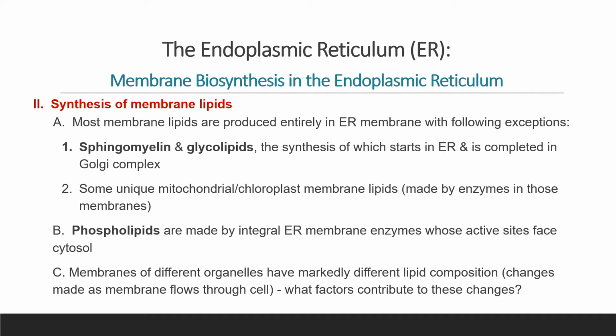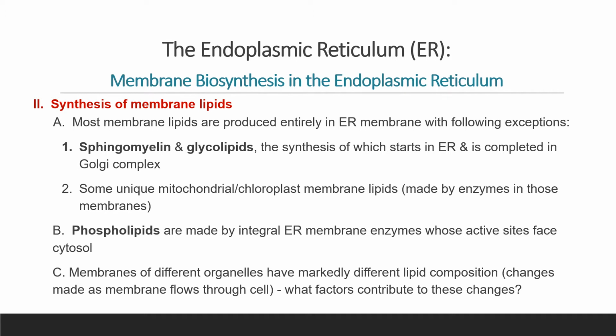Some unique mitochondrial or chloroplast membrane lipids are made by enzymes in those membranes. So again, not all of the synthesis happens in a particular organelle within the cell. Some would kickstart in one organelle and then eventually complete their process in another organelle.